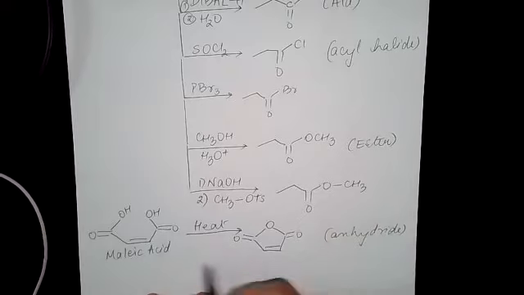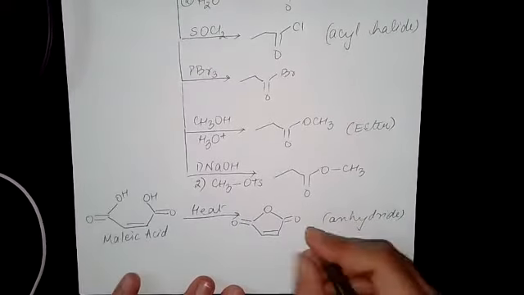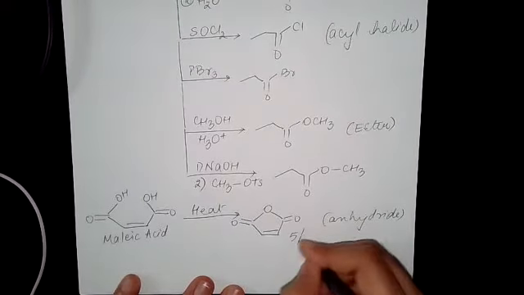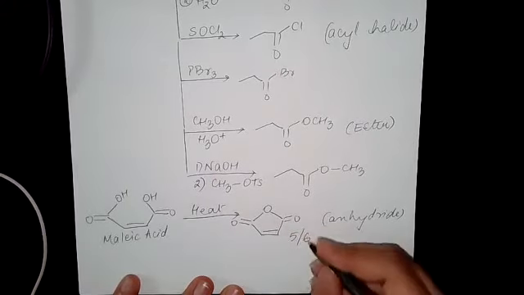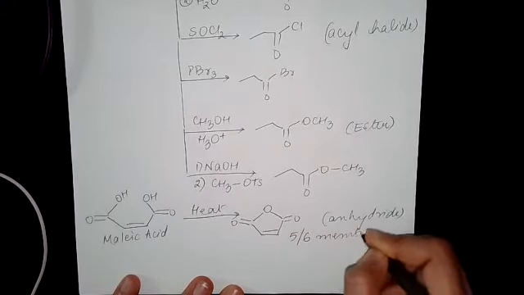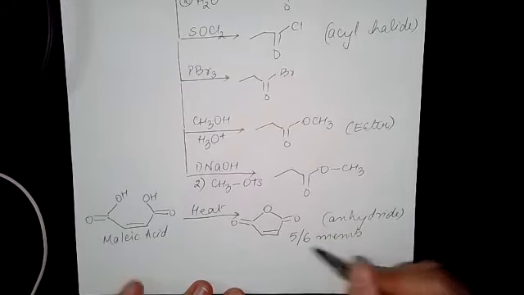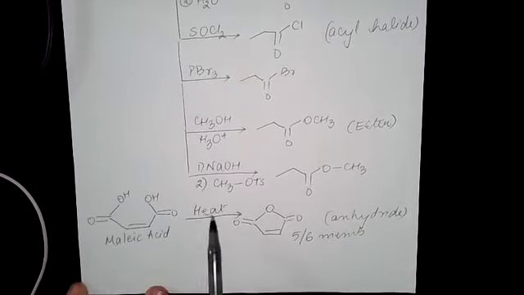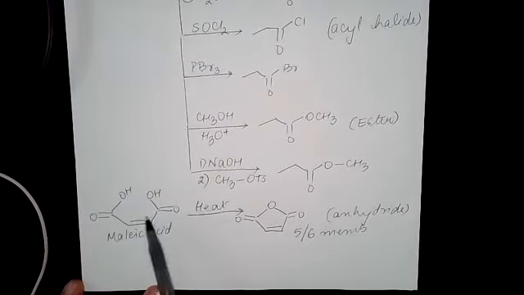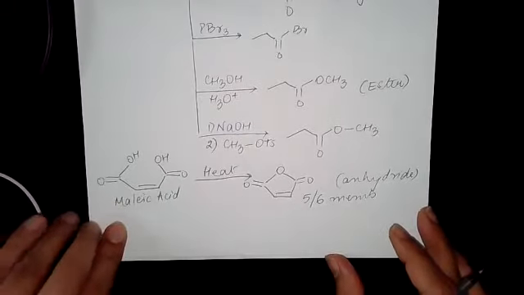But this kind of internal cyclization is only possible if you are getting a 5 or 6 membered ring. So only a 5 to 6 membered anhydride can be possible on heating a dicarboxylic structure.